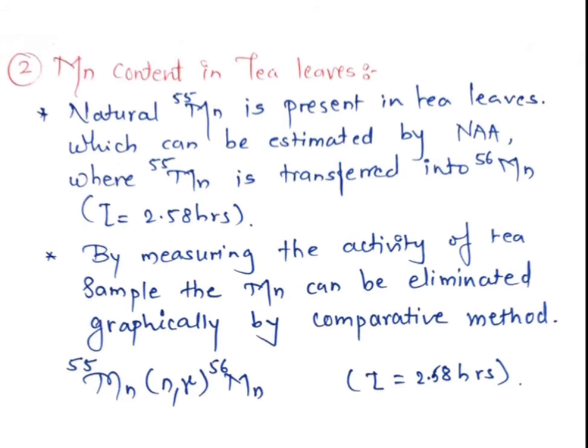Neutron irradiation of a known weight of dried tea leaves, or better its calcined ash, along with a series of samples of known Mn content, reveals that the tea leaves contain around 0.13% manganese, about half of which passes into the brew and the rest goes to the waste.